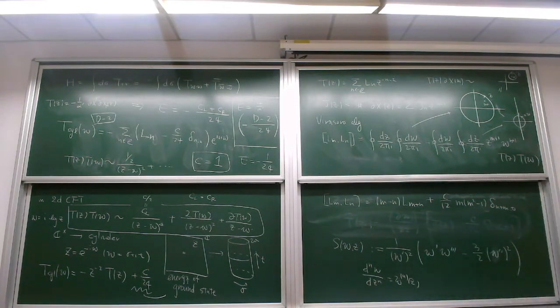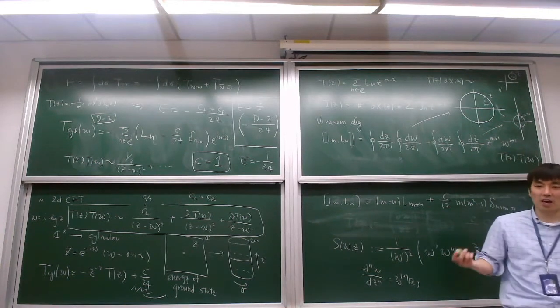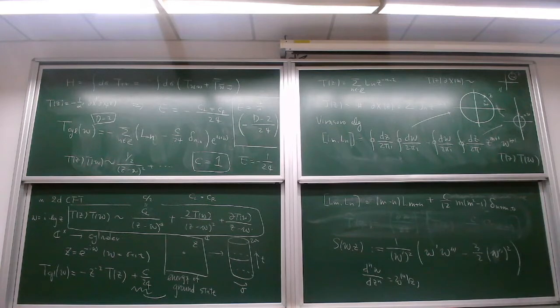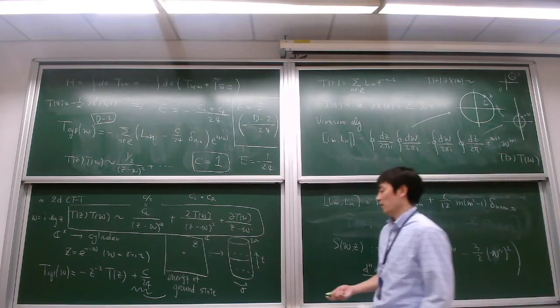So this is the Virasoro algebra, the infinite dimensional algebra that governs the 2D CFT. Since you have an infinite dimensional symmetry, in 2D CFTs you can often get exact results.